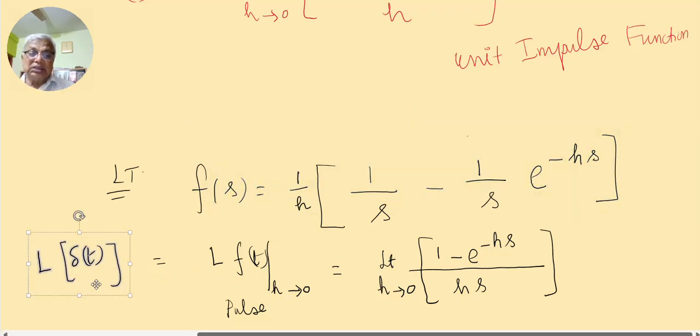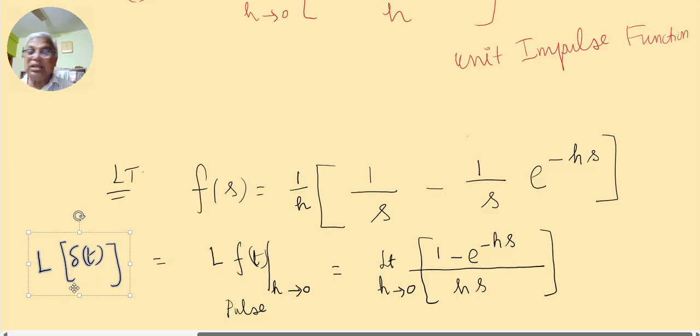Now, since the unit impulse function can be considered as the limit of the pulse function as h tends to 0, the Laplace transform of the impulse function can be considered as the limit of h tending to 0 of the Laplace transform of the pulse function.